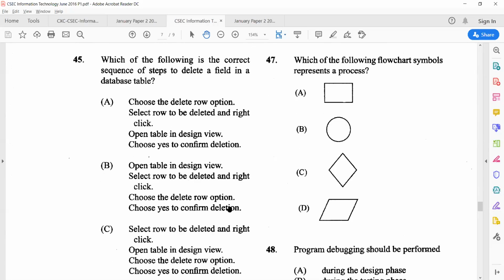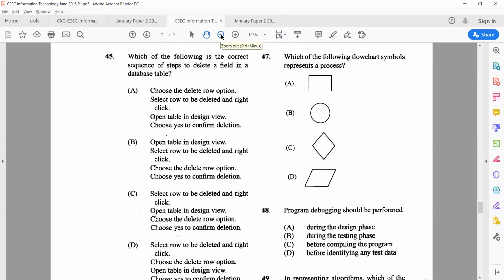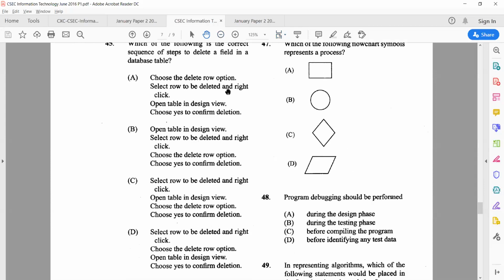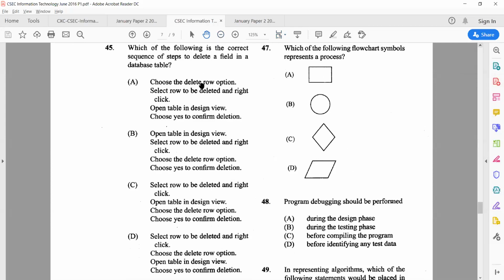All right, 45. Need to minimize this a little bit. Which of the following is the correct sequence of steps to delete a field in a database table? I'm going to give you all a minute or two to view this and let me know what the answer is for 45.